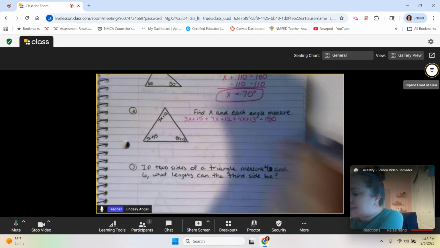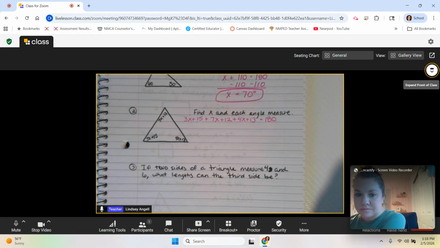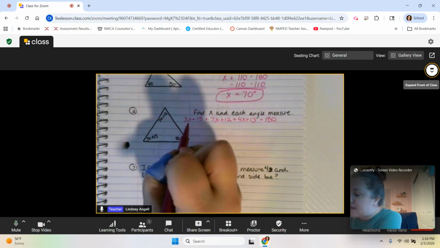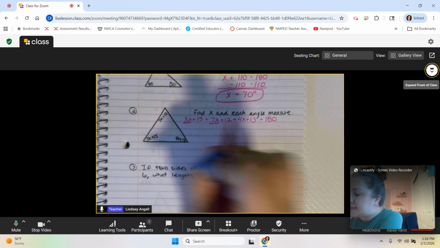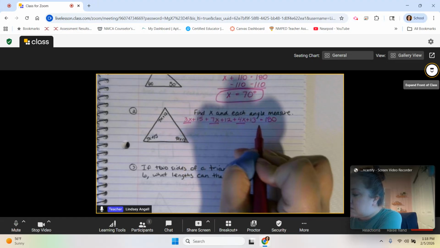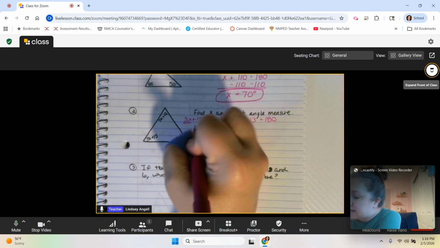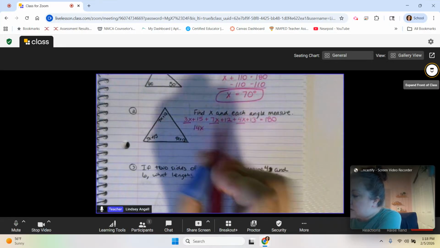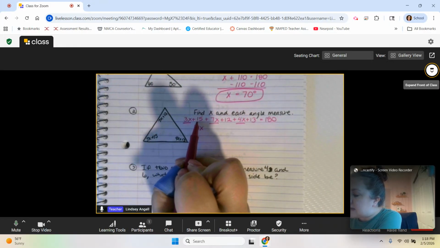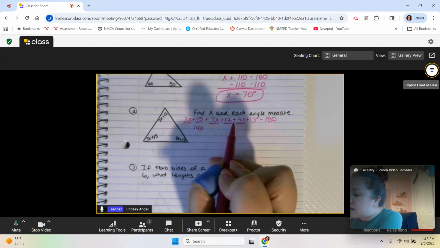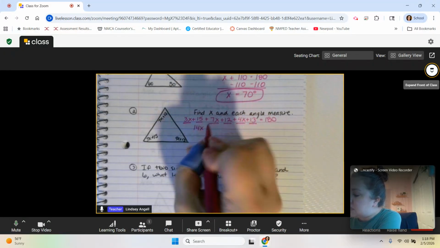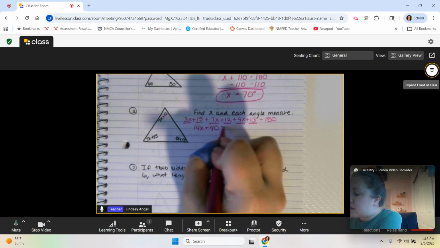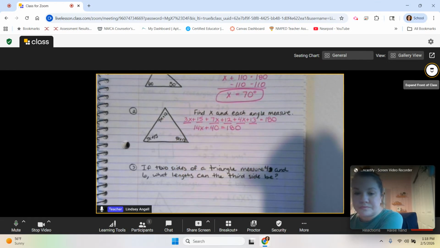All of that has to add up to 180. Okay, if I combine my like terms, I've got 3x plus 7x, that's 10x, plus 4x is 14x. And then with my constants, I've got 15 plus 12, that's 27, plus 13 is 40. So plus 40 equals 180.